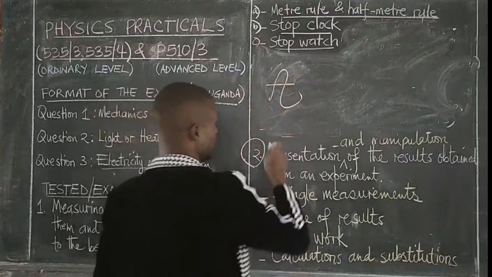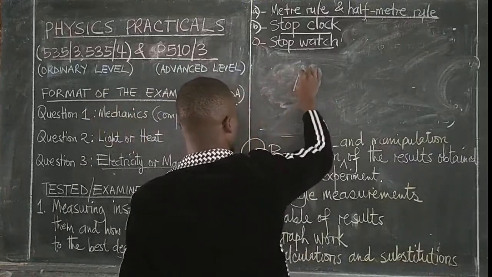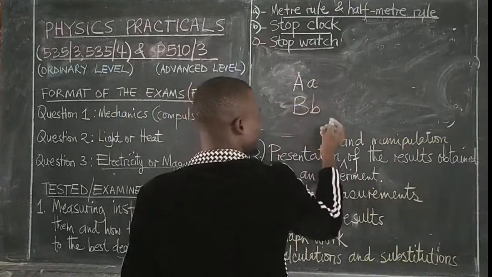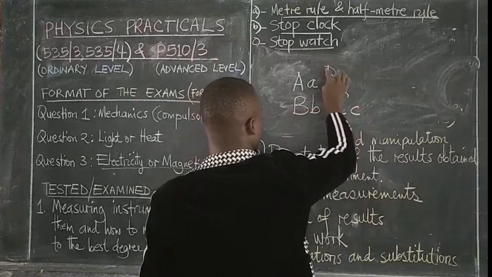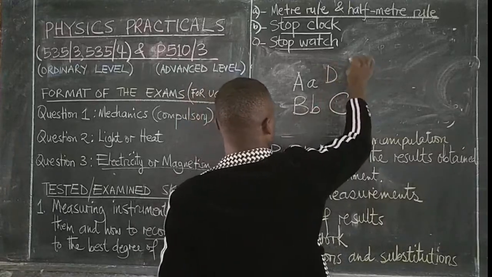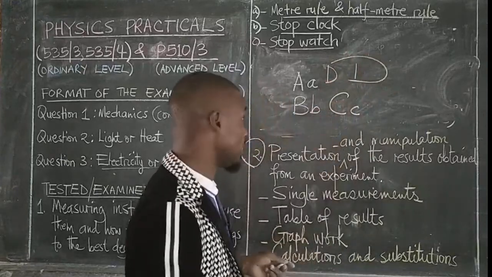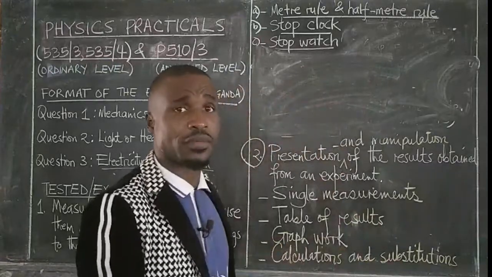Small a is that, and capital A is this. Capital B is this, small b is like this. Capital C, small c. A D. You write properly.